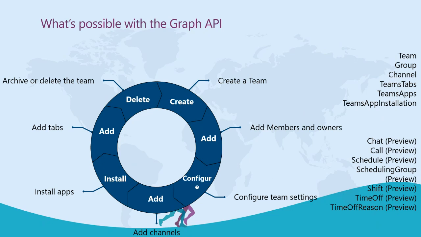The Graph API will provide more commands and capabilities over the next months. So please check it out. If you have a specific scenario, go and check out if it's possible. Is it possible to use Graph API?